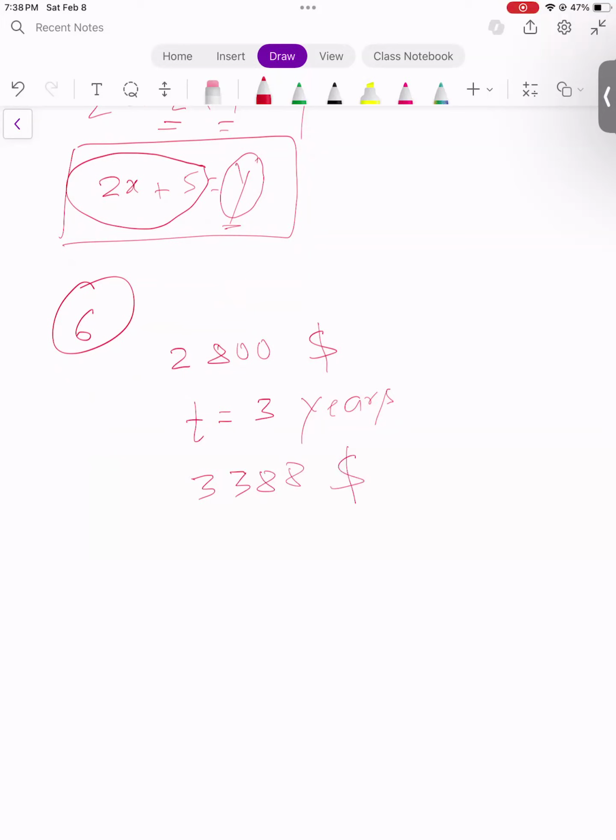$3,388. You took $2,800, you used it for 3 years, and after 3 years you paid $3,388. Now what is this $3,388? How many of you think this is the interest for this $2,800?